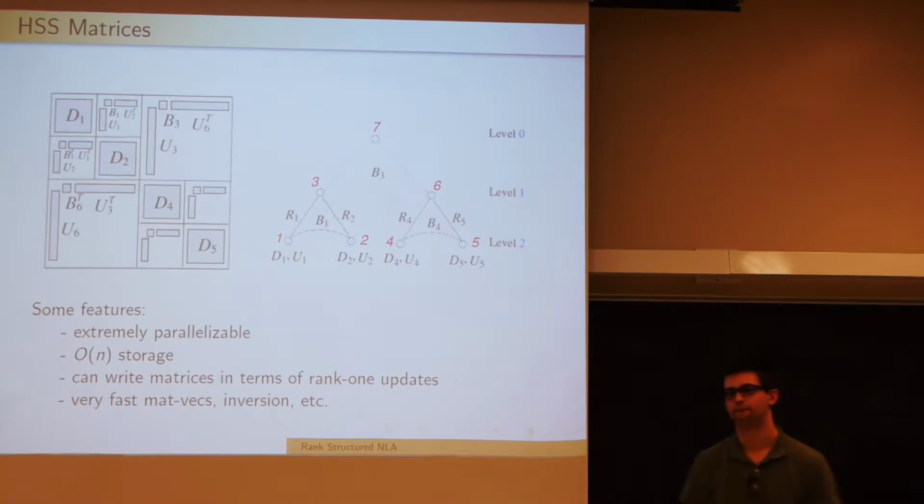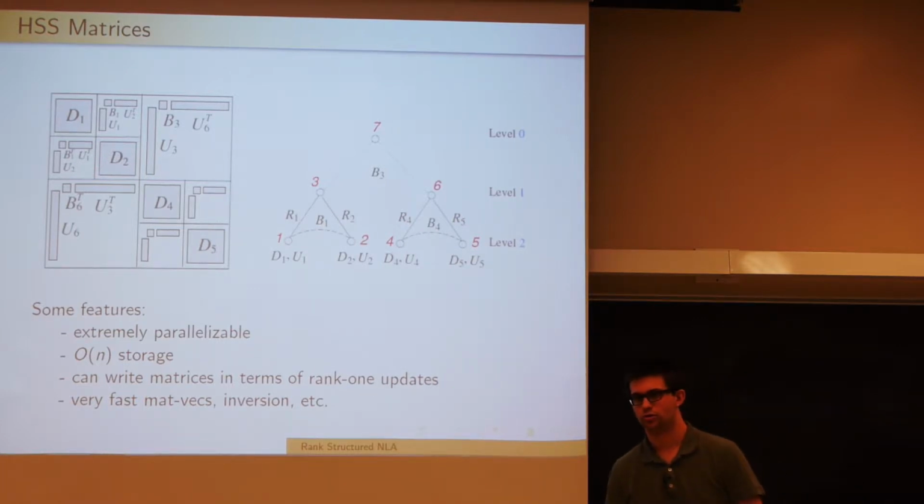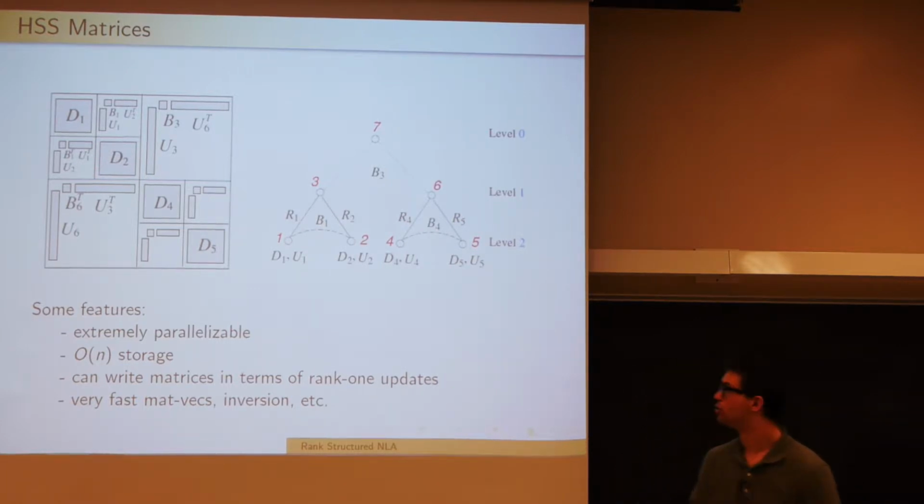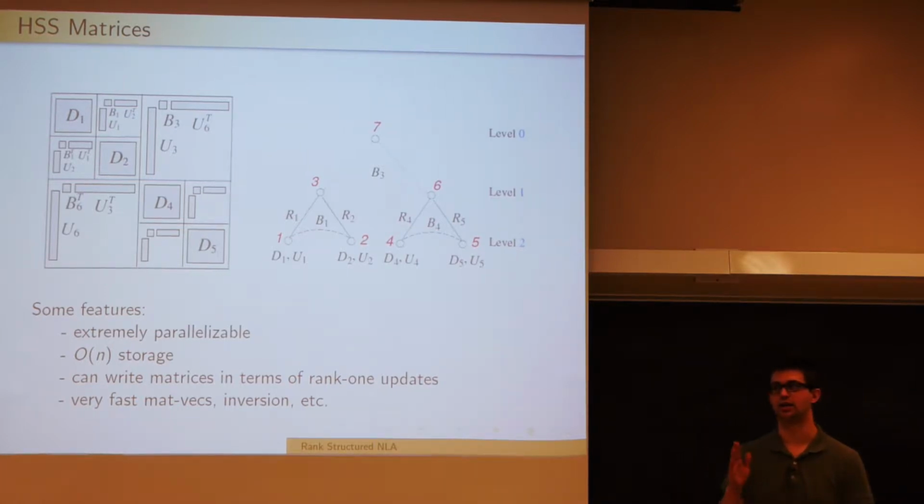Yes? So if I just wanted to do, say, a dot product of an input vector and a row that corresponds to an entry in block D1. So the whole row of the whole matrix, I want to dot product with an input vector. I'm just trying to understand how I would use the tree for this. For a row contained in D1, you would be using standard linear algebra techniques.